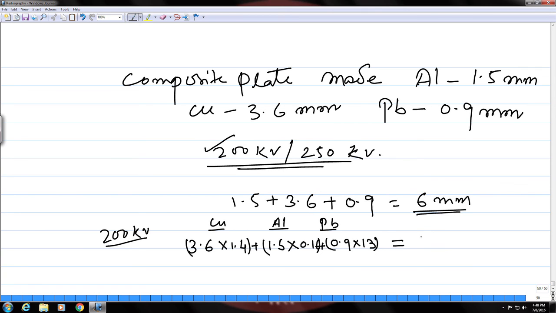So, if you calculate this, this will be 17 mm of steel. Okay, so, this is how any material thickness can be converted into a steel thickness when you want to use that exposure chart for calculating the exposure time.